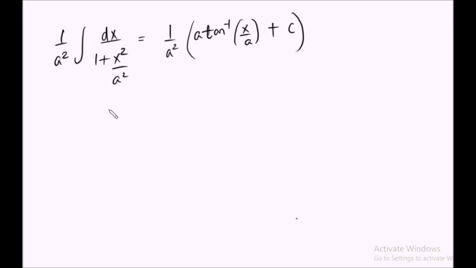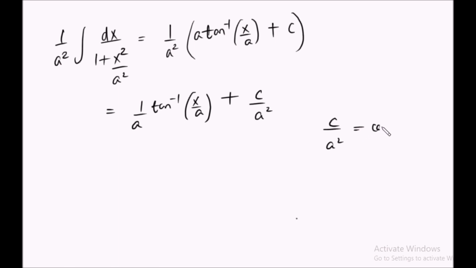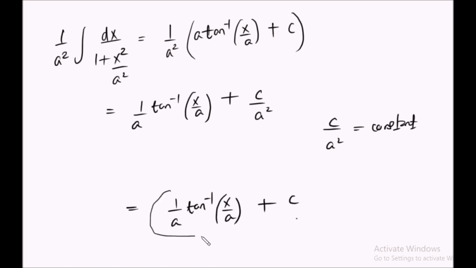So nikiingiza hiyo 1 over a squared ndani, itabaki hapo 1 over a tan of inverse x over a plus hapa itakuwa ni c over a squared, lakini c ni constant na a squared na a ni constant, kwa hiyo c over a squared is just a constant. So finally nitakuja kupata 1 over a tan of inverse x over a plus c, where c ndo hiyo constant. So hii sasa ndo ya kuikariri.